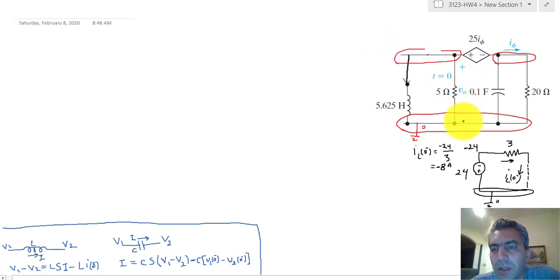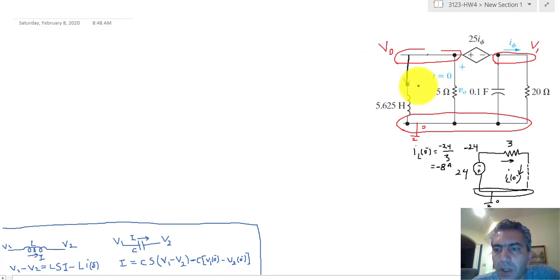This is the plus and minus signs of V out, therefore this voltage minus this voltage is V out, and this is assumed to be 0, so this automatically becomes V out. And notice that I'm using capital letters to indicate that these are all in Laplace domain, and therefore everything is a function of S.